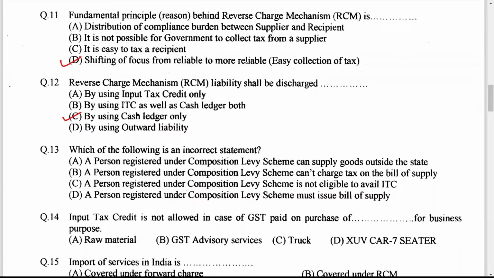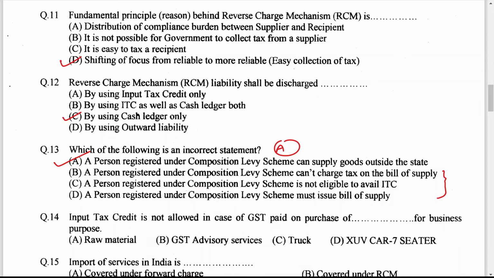This is the right statement. A person registered under composition levy scheme is not eligible to avail ITC. This is also right statement. And a person registered under composition levy scheme must issue a bill of supply. So all these three statements are right. So this is the incorrect one, and so that is why that will become your answer. So here in this question, A is your answer.